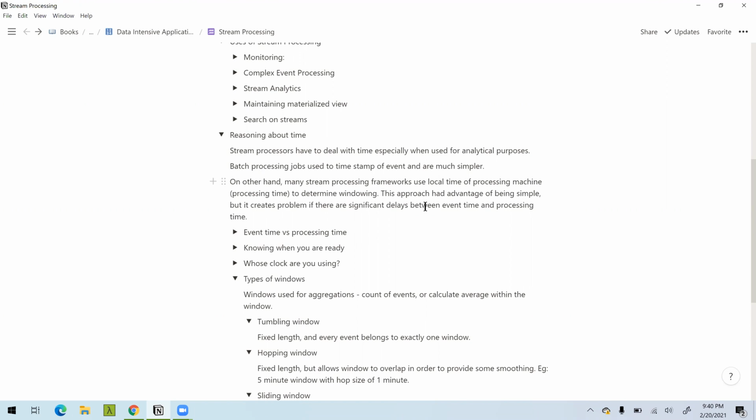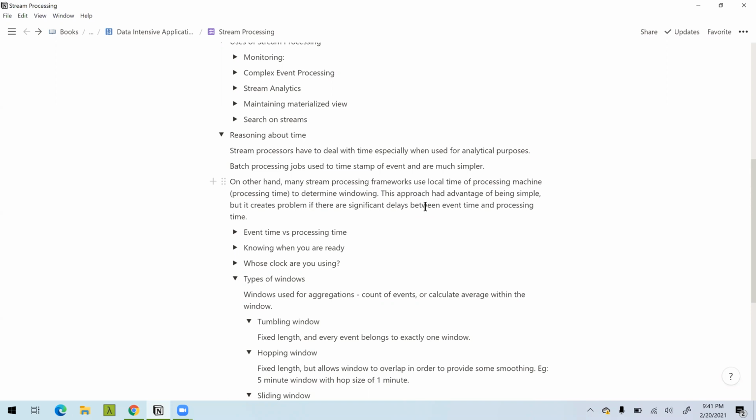But at least one thing we can say is that it has a disadvantage. The disadvantage of using the local time of the processing machine is that if there is a significant delay between the event time and the processing machine's time, then if you say look back for events in the previous 5 minute window, that window might represent some other interval, because your actual source events had a huge delay.